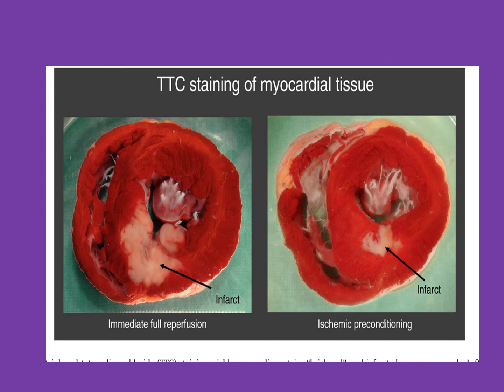So in the olden times, you can use TTC staining of myocardium, but this is said to be a very carcinogenic substance. What you do here is you cut the heart basically in the short axis, but since there are no changes during the first 4 hours, you cannot exactly say the presence of myocardial infarction. But by submerging a slice of the heart in TTC, you can see some changes.